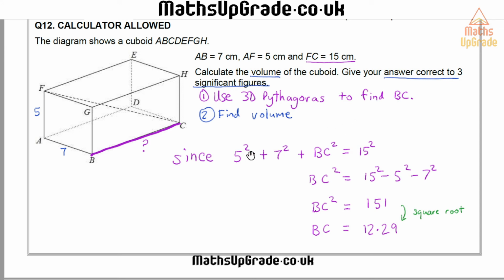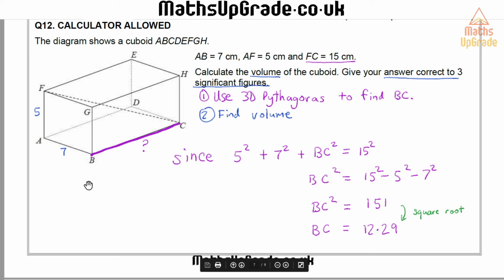Essentially, 3D Pythagoras, I can say 5 squared, which is this edge length, add 7 squared, this edge length, add BC squared, which is the depth there, gives the length of that diagonal squared. So to find BC squared, I can just do the length of that diagonal squared, subtract those other two edge lengths squared. And that gives me an answer of 12.29. Remember, you need to square root this to get that answer there.